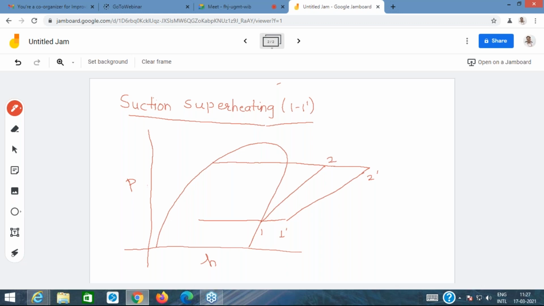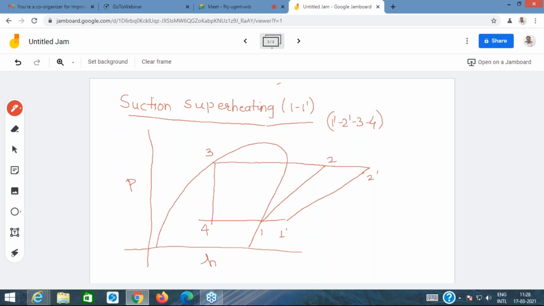Let us say this is 3, and this is 4. So this cycle, that is 1 dash, 2 dash, 3 and 4, is the thermodynamic cycle we are talking about, involving suction superheating.